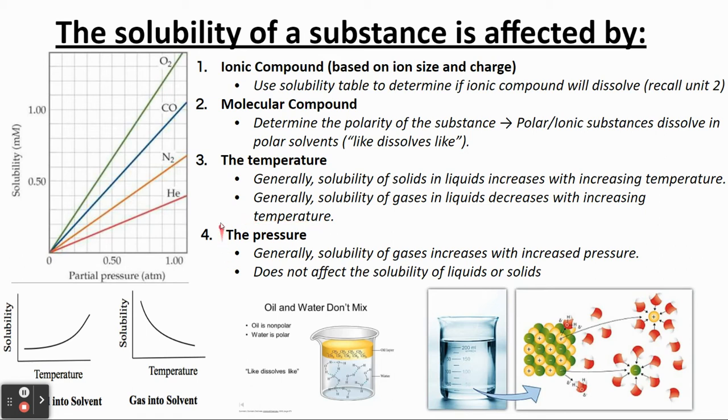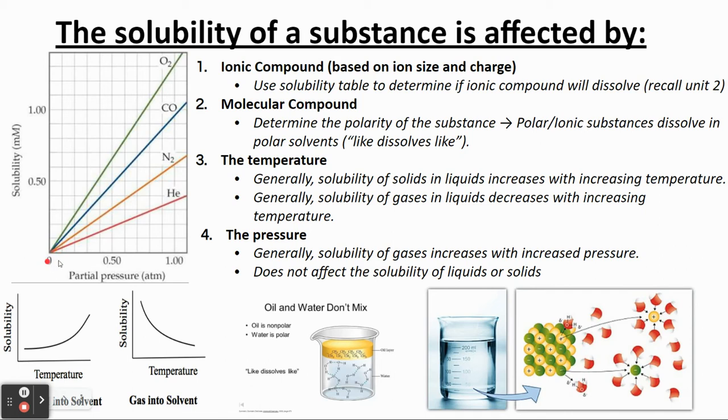And then we have pressure. Pressure will also affect the solubility, generally of gases. It won't really affect the solubility of liquids or solids to a significant degree. So it's really mostly about the gases. If you look over here, this is a graph that has pressure and solubility of gases: O2, CO, N2, and He.